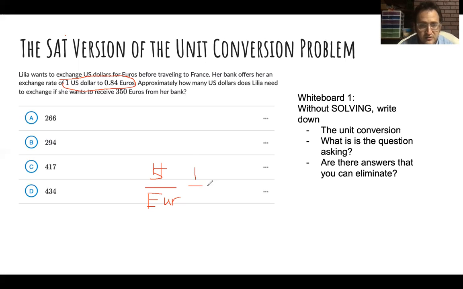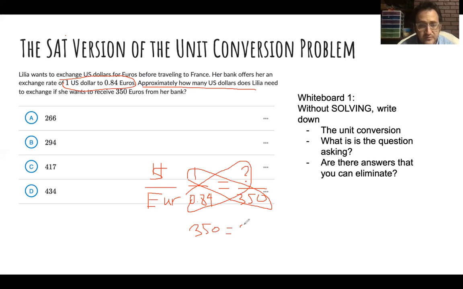So I have $1 to 0.84 euros. So that's your conversion. And then I like to just read what that question is asking, saying how many US dollars. So that's the question mark. I'm going to put that in the dollar row. Do we need to have to get 350 euros? And this is your classic cross multiplication. So I'm going to have 350 equals 0.84 question mark.